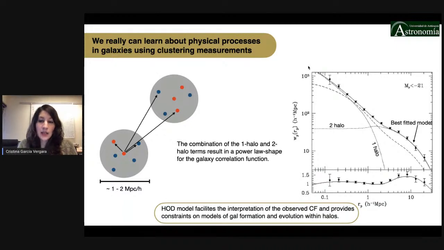Maybe the main message here, which I already said in lecture 1, is that we really need both observations and simulations and models to understand all those processes. Clustering measurements by themselves don't provide such strong information if we don't combine them with simulations and modeling. We really need those to interpret our observations.